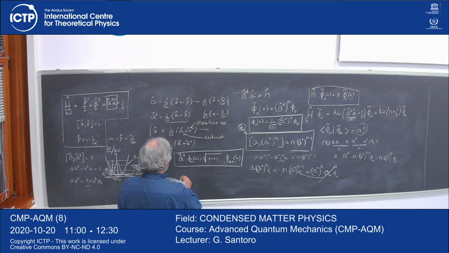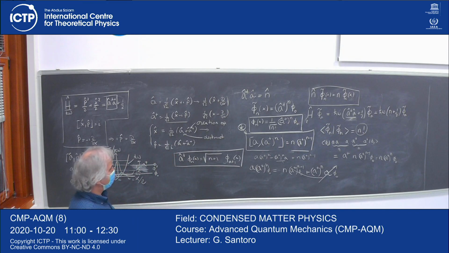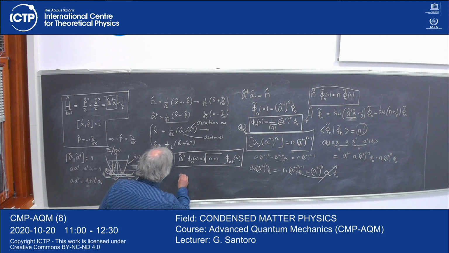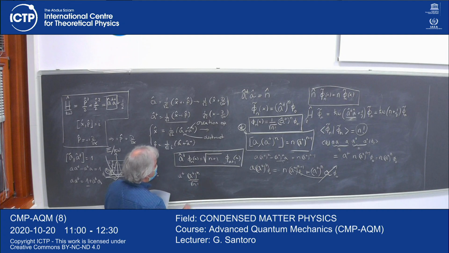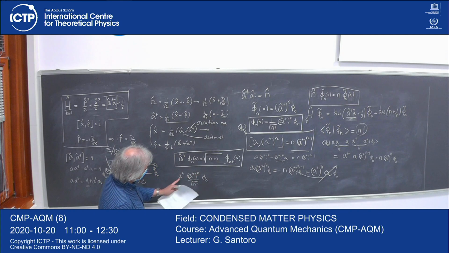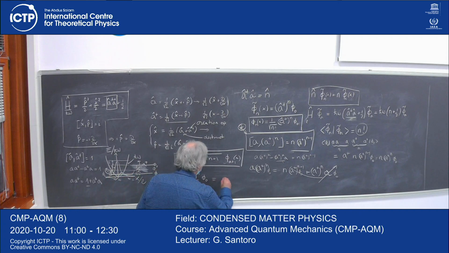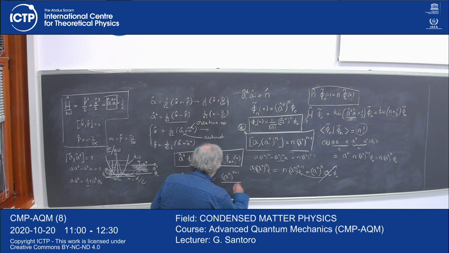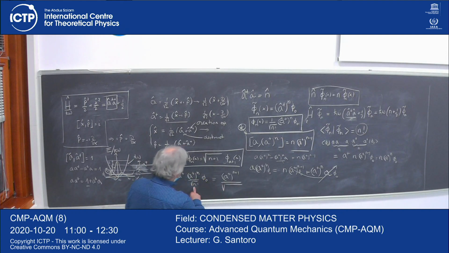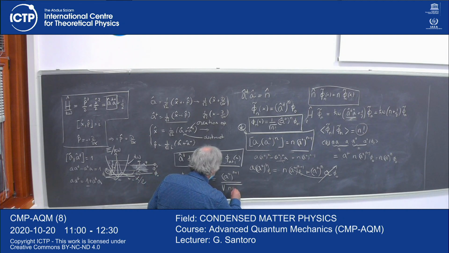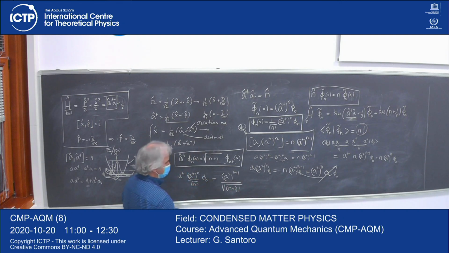Why? Let's see. This object here is equal to A dagger times A dagger to the power n divided by square root of n factorial times phi 0. Immediately you notice that this is like A dagger to the n plus 1, but it's not correctly normalized. So I write A dagger to the power n plus 1. Now I would like to have the square root of n plus 1 factorial here.